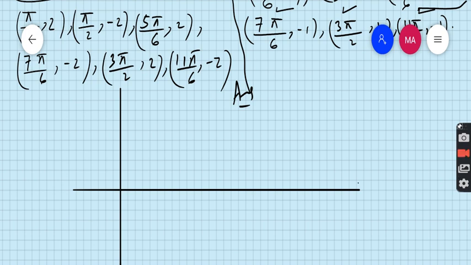This is our x axis, this is our y axis, and this is the origin.